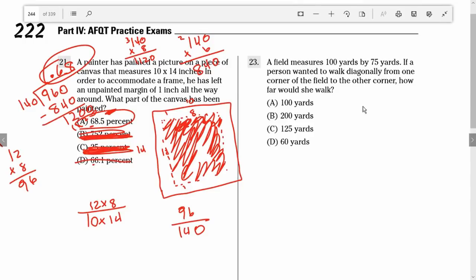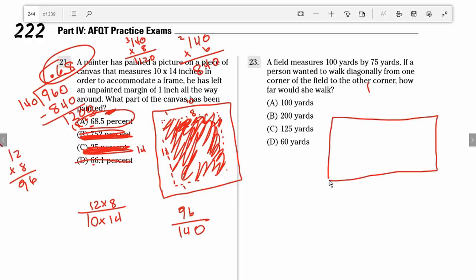Okay, 23. A field measures 100 yards by 75 yards. If one person wanted to walk diagonally from one corner of the field to the other corner, how far would she walk? So we know we've got a rectangular field that measures 75 by 100.